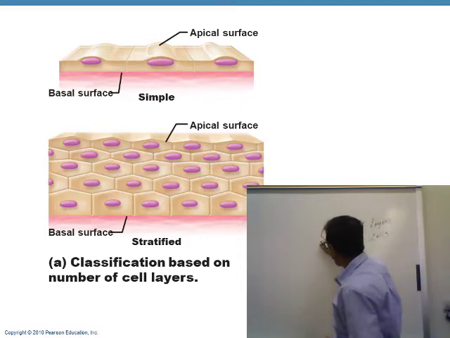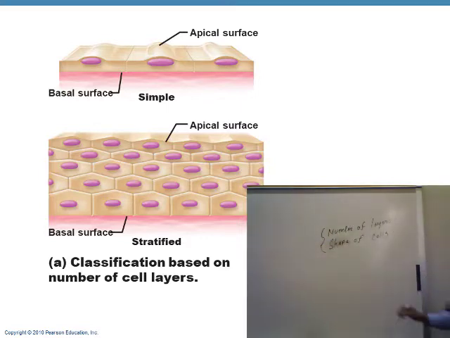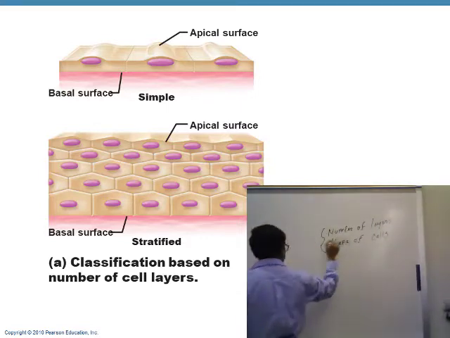So based on these two things, we also classify the epithelial tissue.